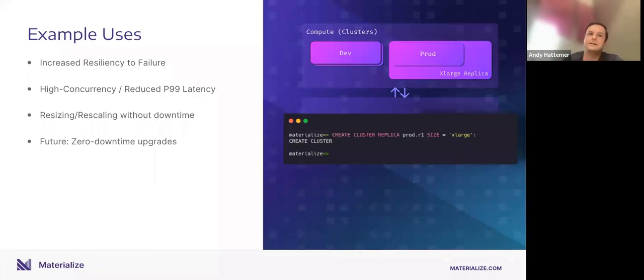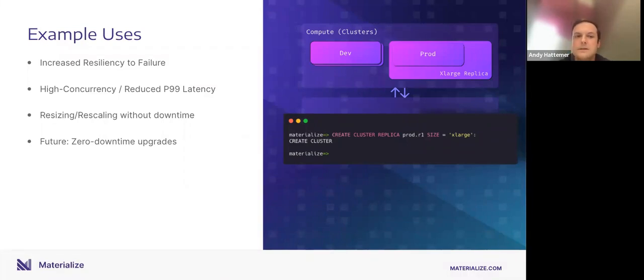So the benefits of replication are some of the obvious ones, like increased resiliency to failure and high concurrency or reduced P99 latency, but also, with the ability to create different sized replicas and create and destroy them without the user seeing anything, it enables scaling up and down, where if you see that a replica is starting to strain under the compute load, you can create a new larger replica, and once it's safe, destroy the undersized replica with no noticeable impact to the end users.